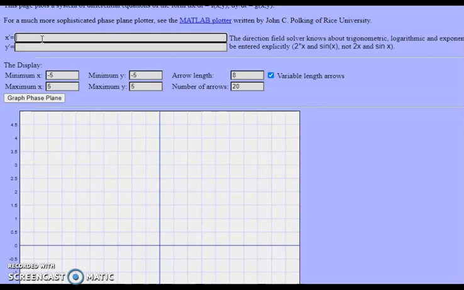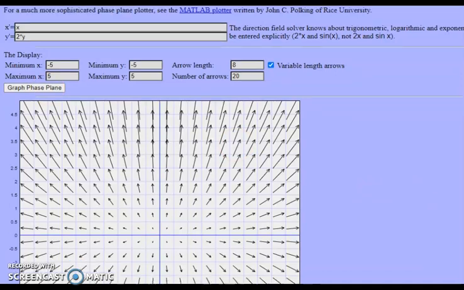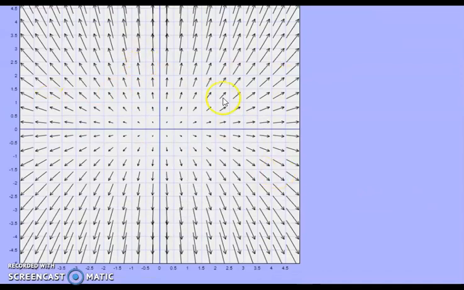So our equation was x prime to be x, and y prime 2 times y. Don't forget to put this asterisk multiplication. So let's plot this. So aha, that's cool. This is the plot. Now this plot is showing me that these are the tangent vectors. There will be different curves, and for every curve there will be tangent vectors.